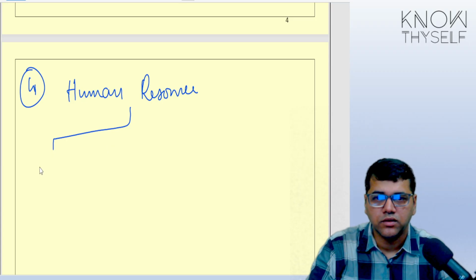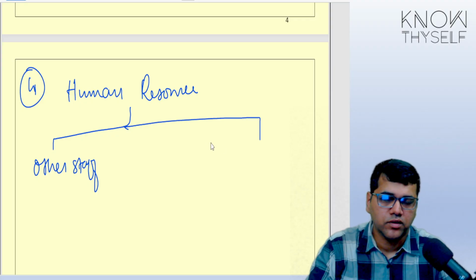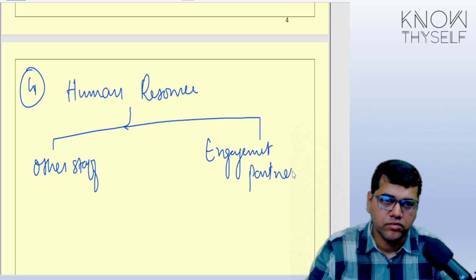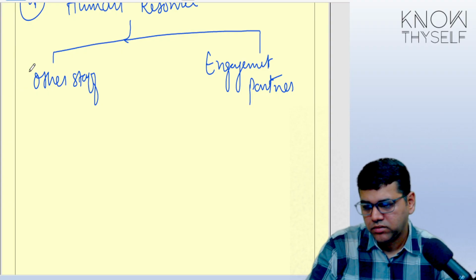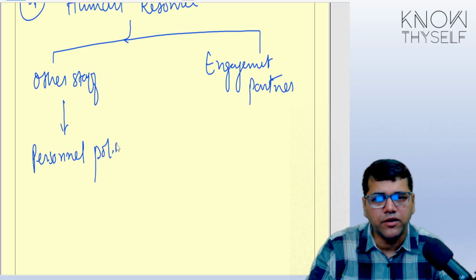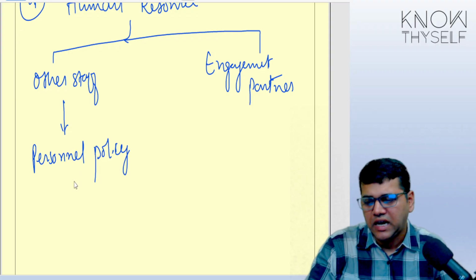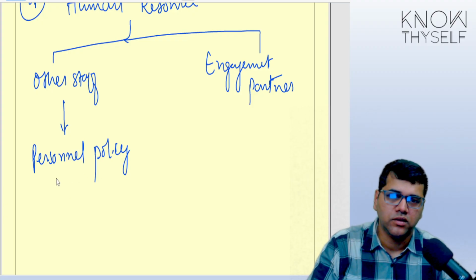Primarily for other staff, engagement partner. So for other staff, you need to have personnel policy. Similar wording we have used there also. What do you mean by personnel policy? Hiring, compensation, training, promotion. That is called a personnel policy.